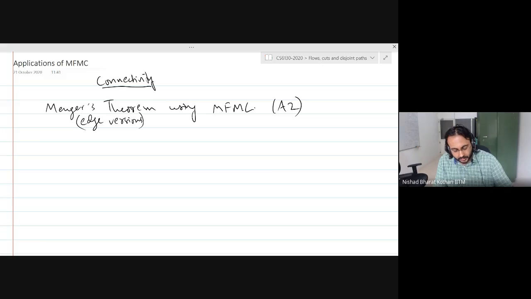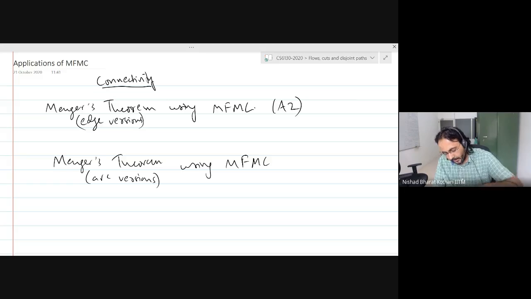From the local edge version, you can also get the global edge version, which tells you that a graph is k edge connected if and only if each cut has size k or more. Okay. And well, in fact, what you will be doing on the assignment is you will be first proving Menger's theorem. Yeah, I changed the order in my mind. You'll be first proving Menger's theorem for the arc versions, or directed graph versions, using max flow min cut.